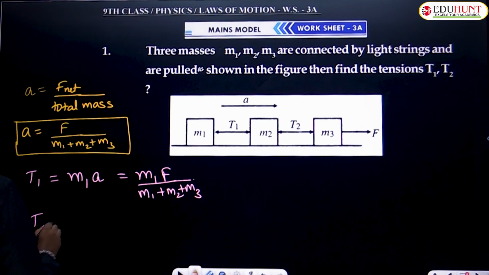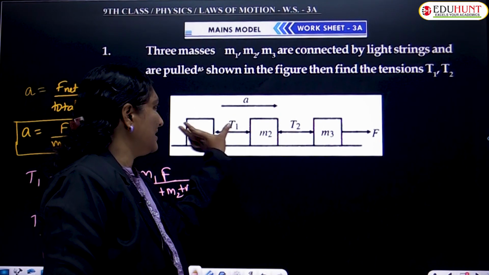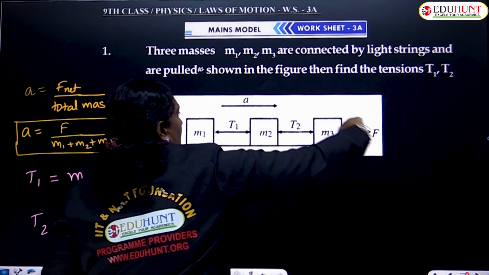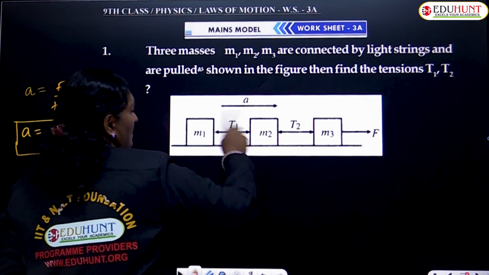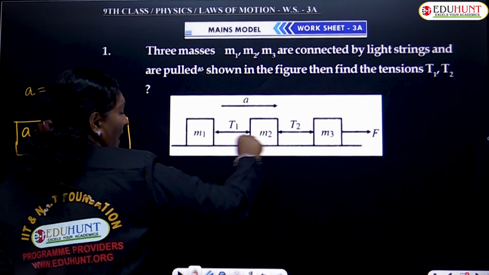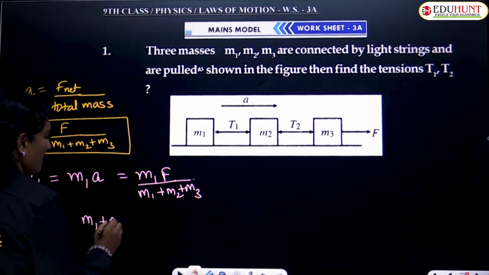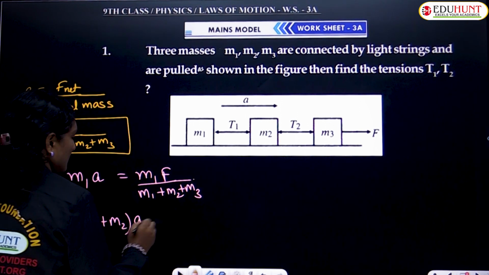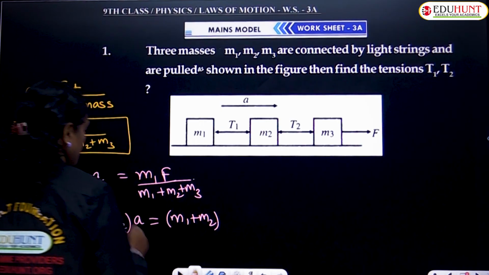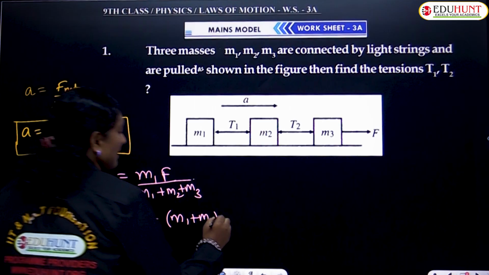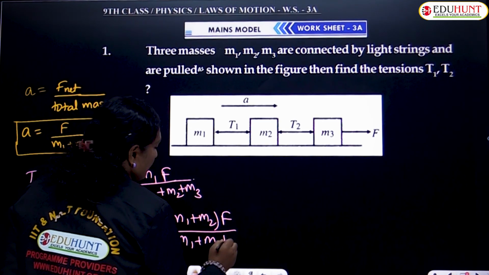Now let us also find the value of T2. Because of this tension, these two masses together are pulled towards the right side. So what is the total mass being pulled, children? The total mass is M1 as well as M2. Hence, the value of T2 is equal to M1 plus M2 into a, which can be written as M1 plus M2 into F upon M1 plus M2 plus M3.